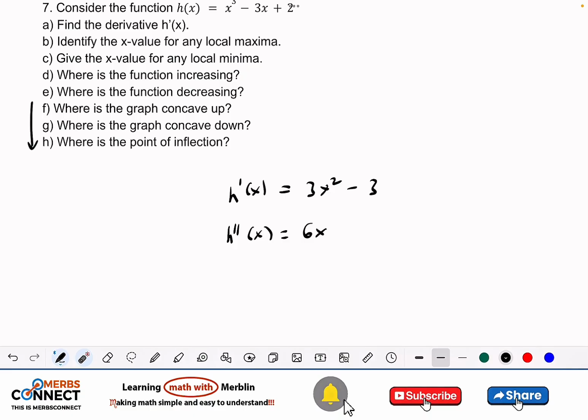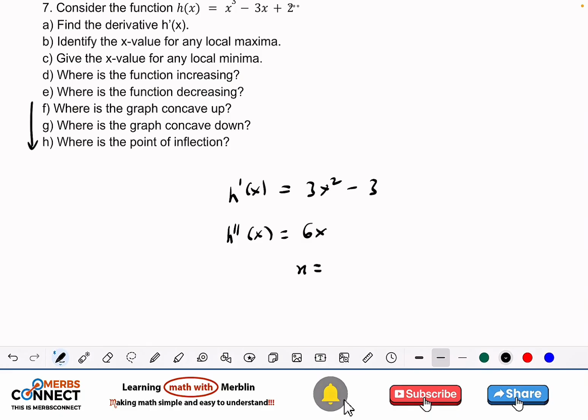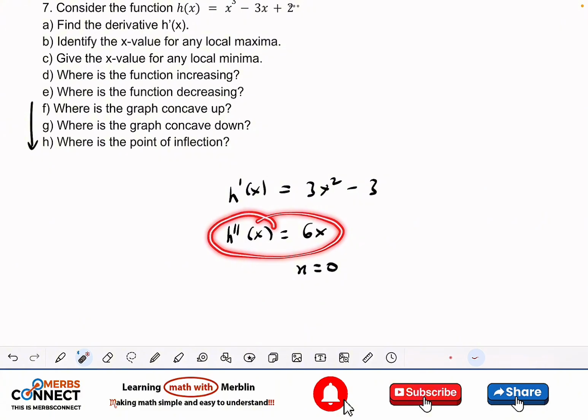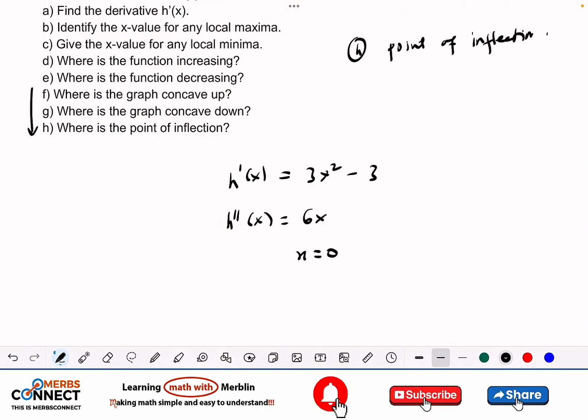So what value of x is going to make this 0? It's just when x is 0. So it's not difficult to see that when x is equal to 0 is what is going to make this one 0. So basically our H is being solved. H is, so the point of inflection is x is equal to 0.